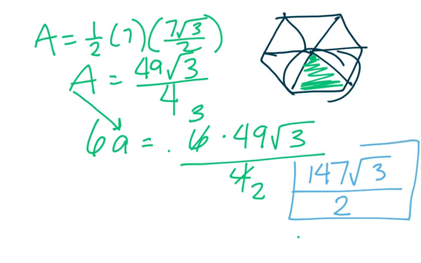And this is our area: 147 square root of 3 over 2.